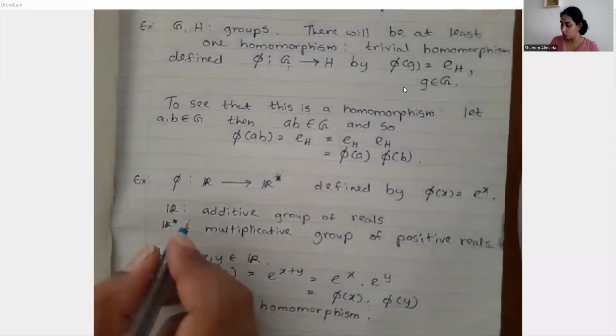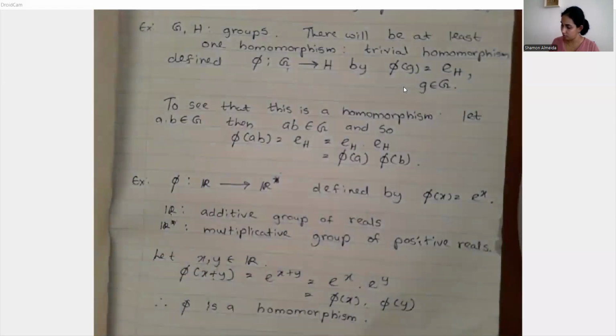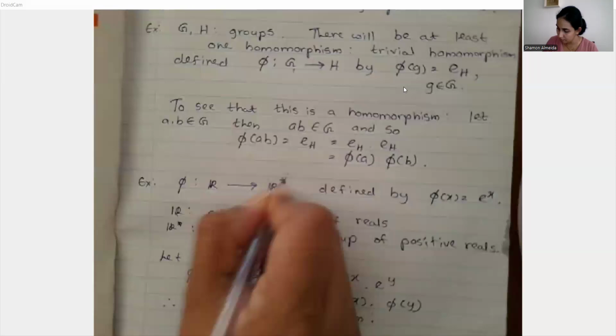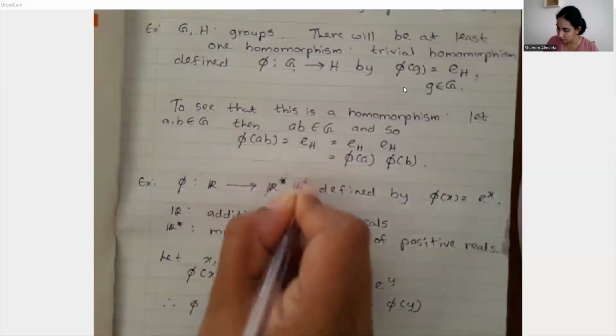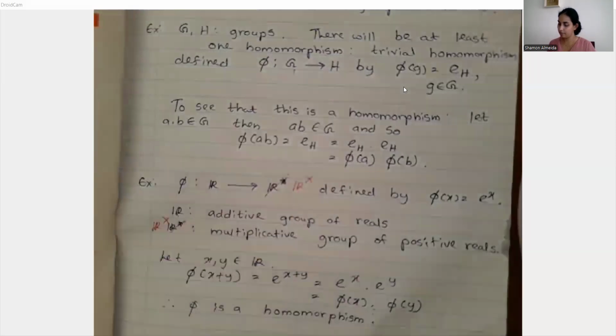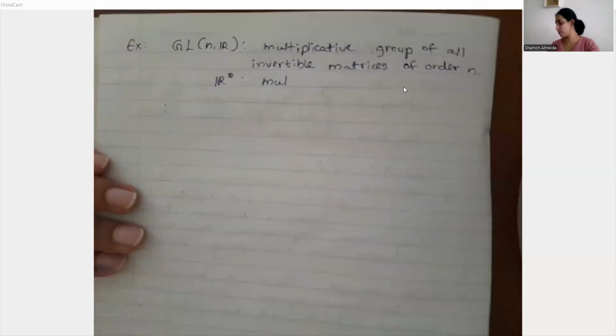Usually we denote it with the multiplication sign. Over here, R star would simply denote the multiplicative group of all non-zero real numbers.